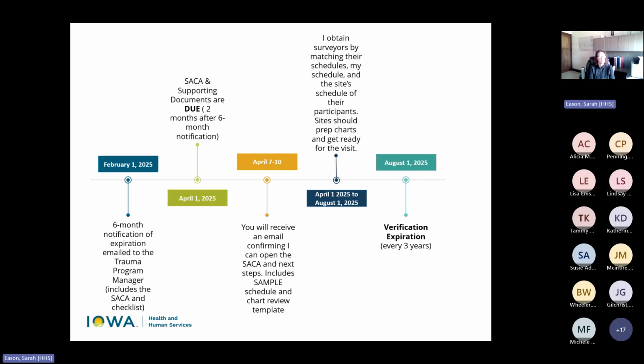Okay, so what can you expect? Say that you are expiring August 1st of this year. And it's really kind of a counting backwards type of thing.